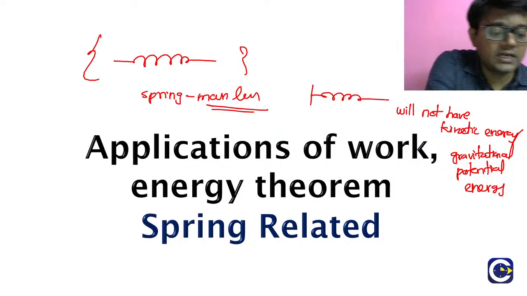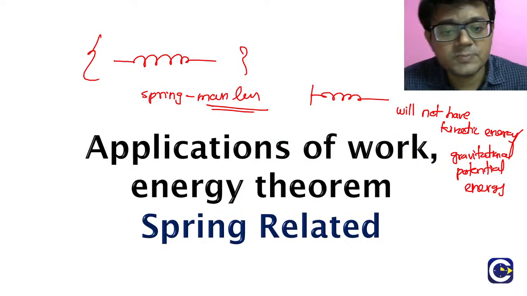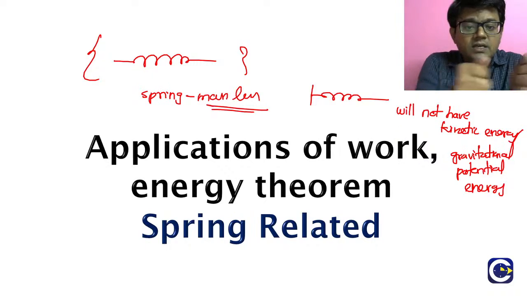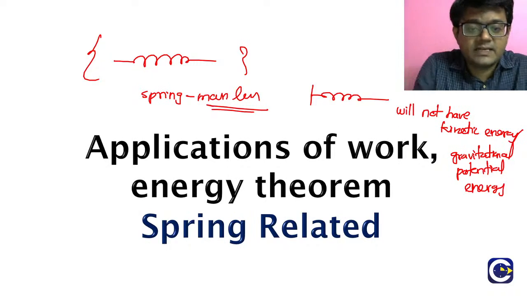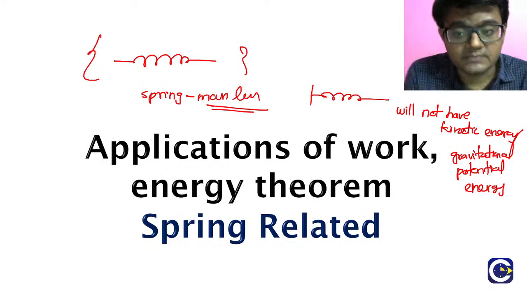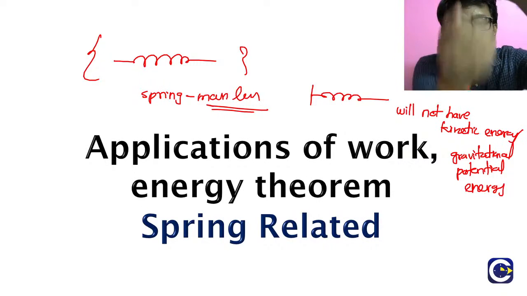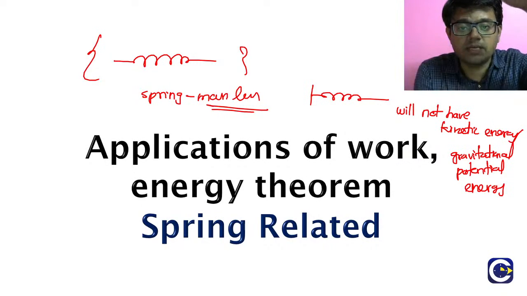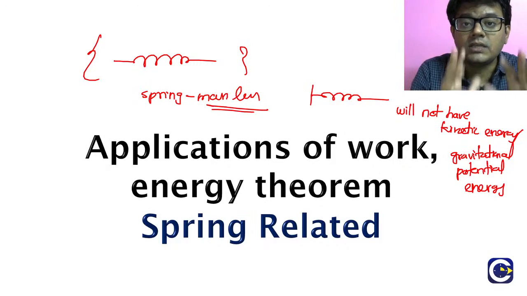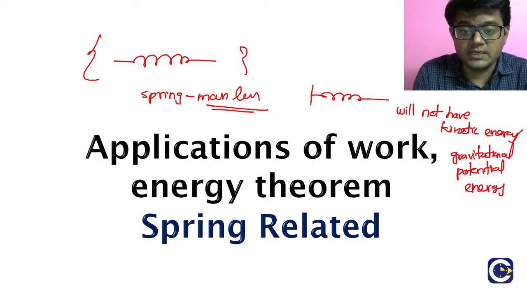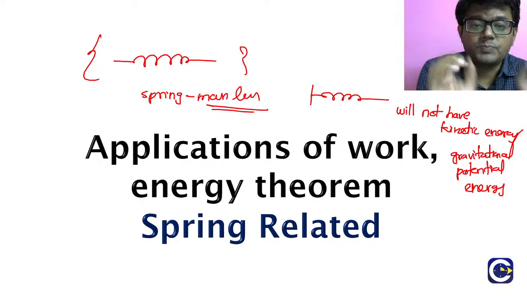Because in the concept we have taken, the spring is massless, even when it is expanded or compressed, there is no mass. So the kinetic energy term will not be applicable for the spring. And in some cases the spring will be moving up or coming down, but even then there will be no discussion about the gravitational potential energy of the spring. Here, only the spring potential energy comes.